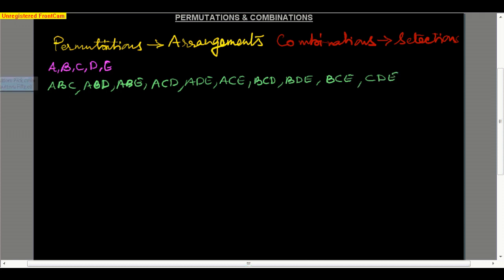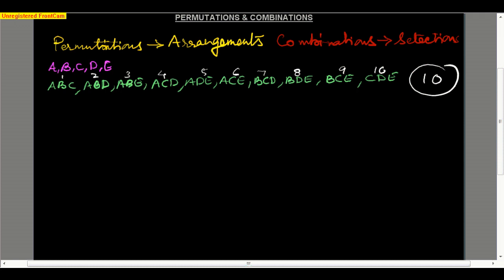We see how many ways we could select this. Here we see 1, 2, 3, 4, 5, 6, 7, 8, 9, 10. There are 10 ways we can select 3 letters out of 5.